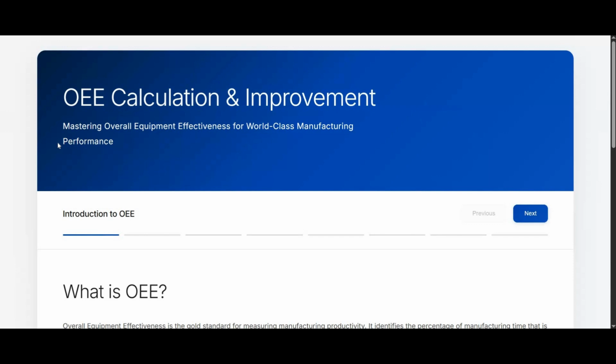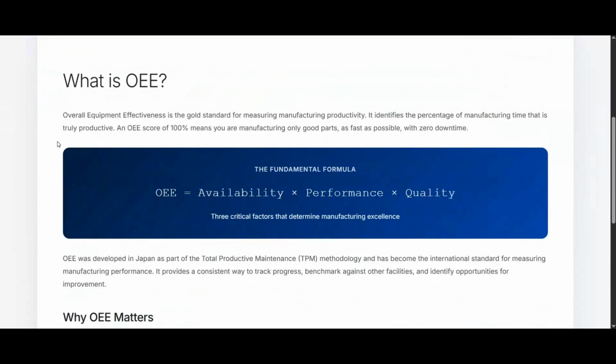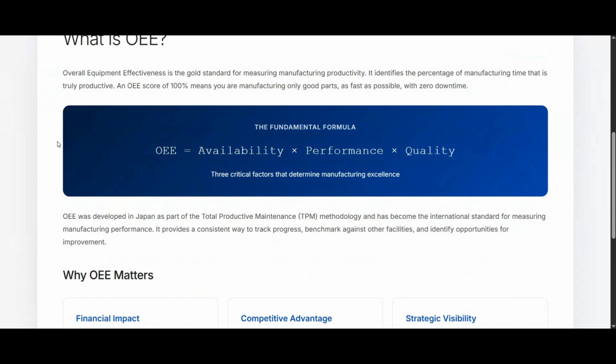If your OEE is 100%, that means you are producing only good parts as fast as possible with zero downtime. And of course, in the real world, that's rare, but it gives us a goalpost, something to aim for.